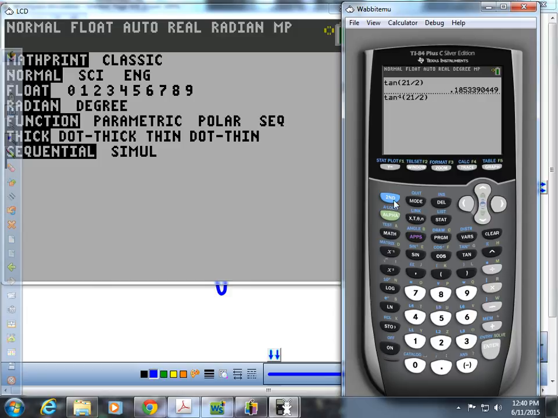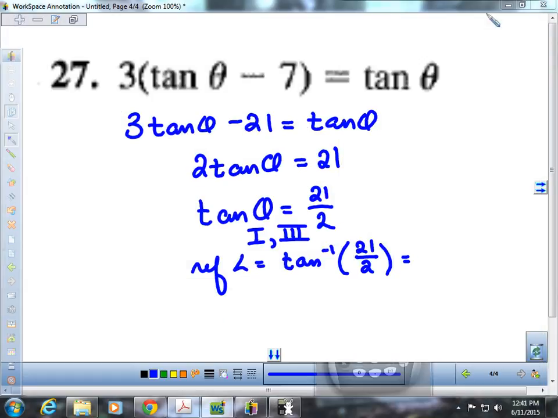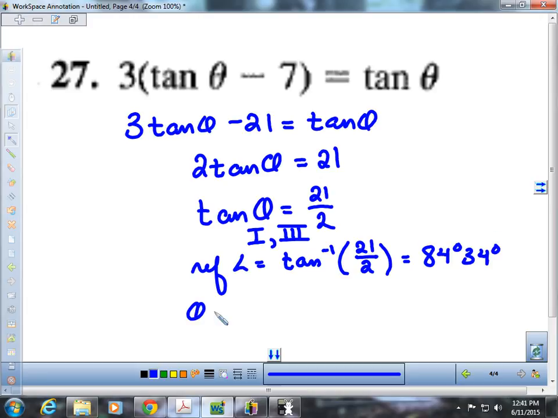Okay, so let's DMS this. And to the nearest minute, we get 84 degrees, 34. So theta is equal to 84 degrees, 34 minutes, because that's our first quadrant angle.